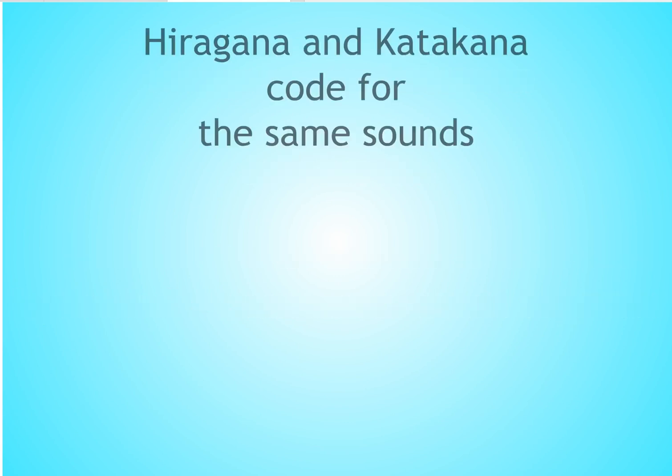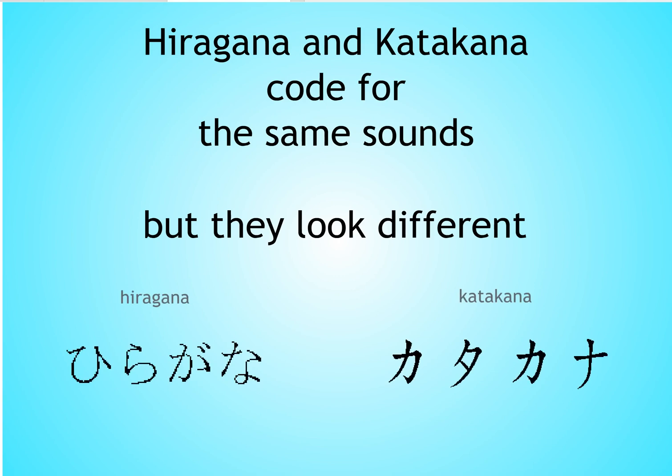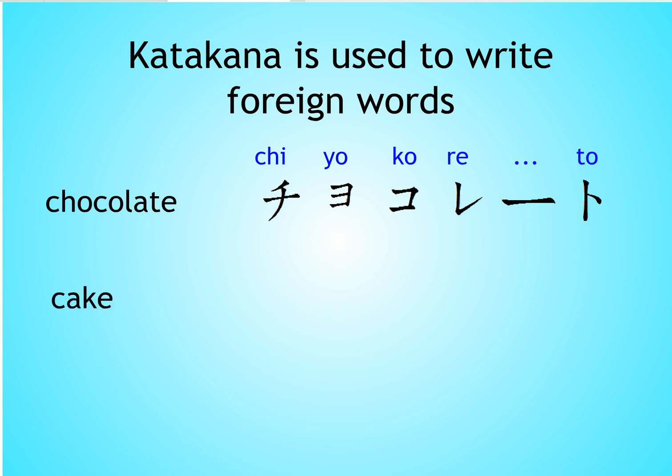You can write the exact same sounds, the same syllables in both hiragana and katakana, but hiragana characters and katakana characters look very different because people wrote out the Chinese characters quickly to make hiragana and broke the Chinese characters apart and used the fragments to make katakana. Katakana is used these days to represent words that come in from other languages, words like chocolate, chocoleito, or cake, keiki, are written in katakana.